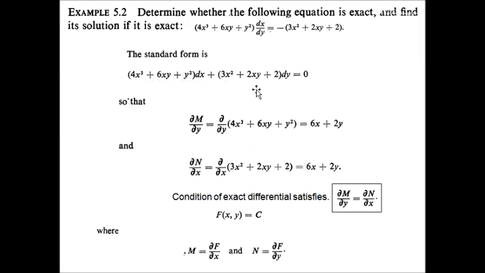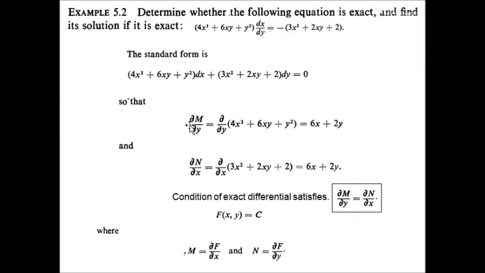And if you differentiate this part with respect to x, del N by del x will be 6x plus 2y. Now the condition of exact differential equation is satisfied. So they are exact differentials. So f(x,y) equal to c, where M equal to del f by del x and N equal to del f by del y. Now how can you solve this differential equation?